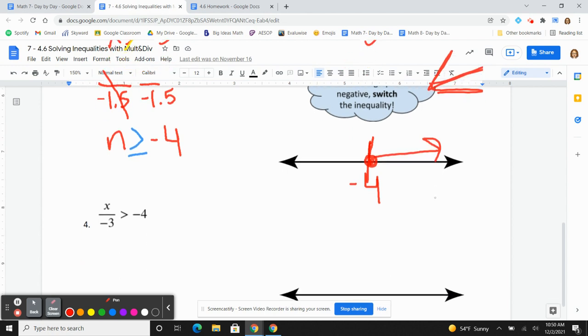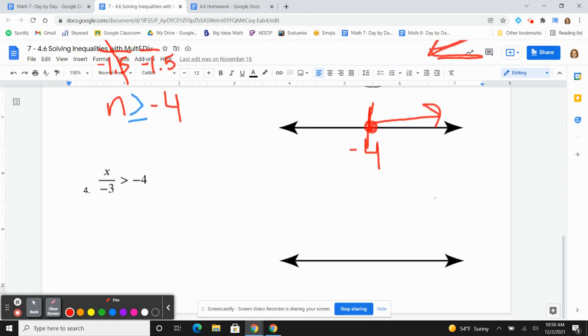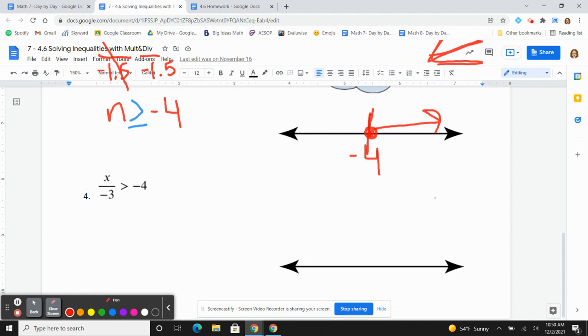All right, number 4. X divided by -3 is greater than -4. So how do I get X by itself, Sarah? We're going to multiply both sides by -3. So X and then -4 times -3 is what, Mia? -12. How about +12? +12. Yep.